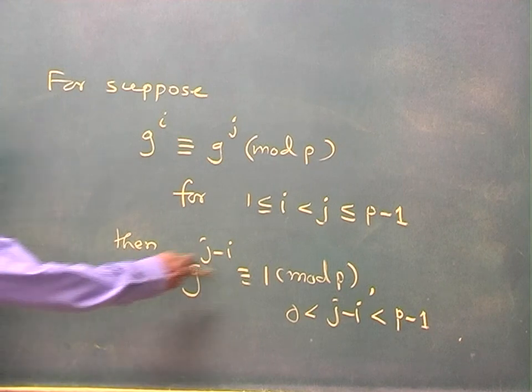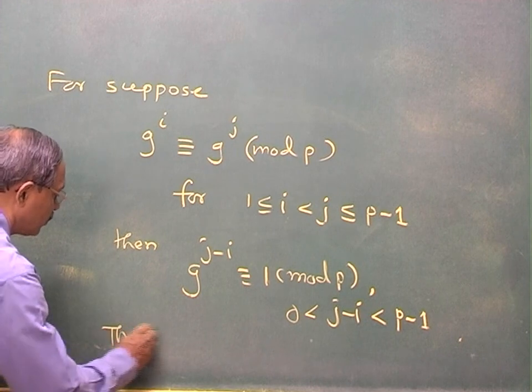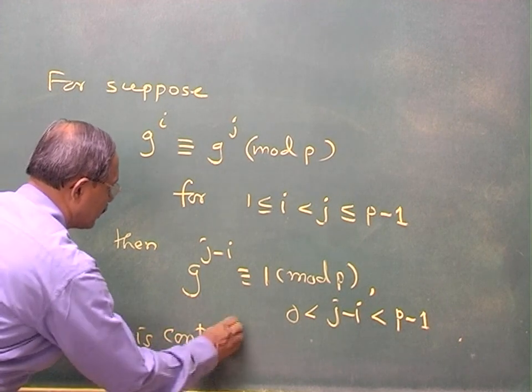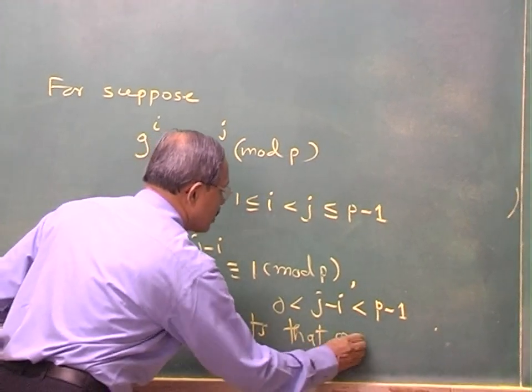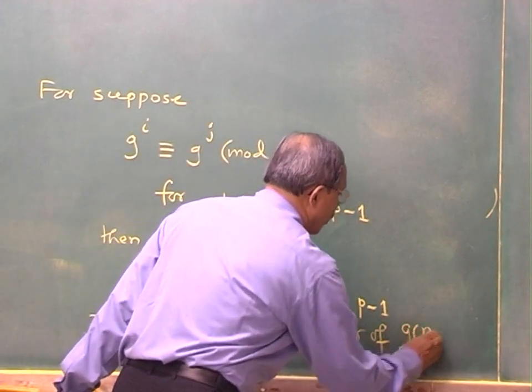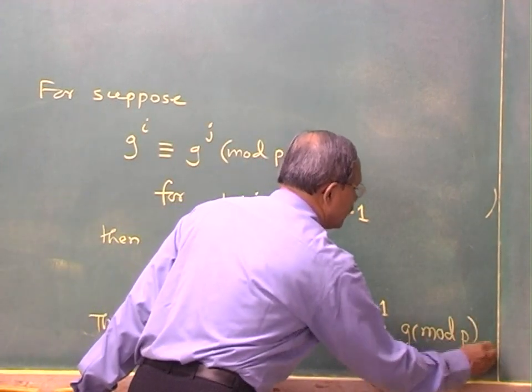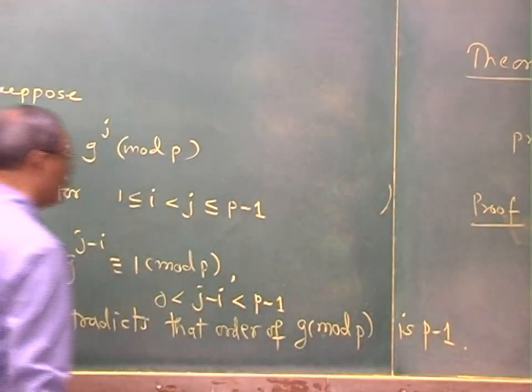So a smaller positive power of G becomes 1, smaller than P minus 1.